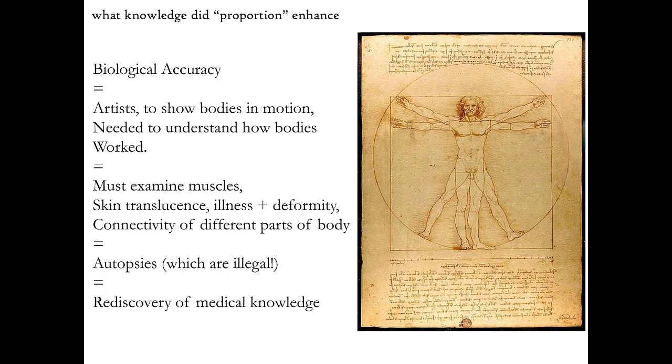But artists needed to know how bodies worked. And you know who really needed to know how bodies worked and who really needed hyper accurate drawings of how the body worked? Medical science. Just take a look at a Gray's Anatomy textbook, and look at the pictures in them and how hyper accurate they are attempting to be.